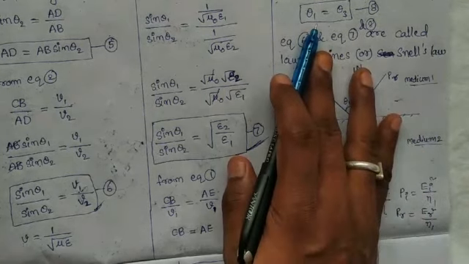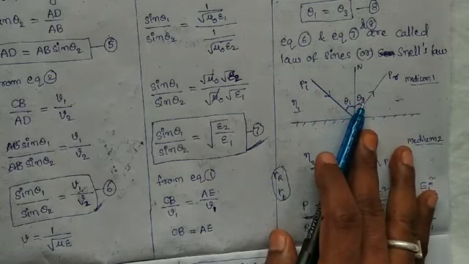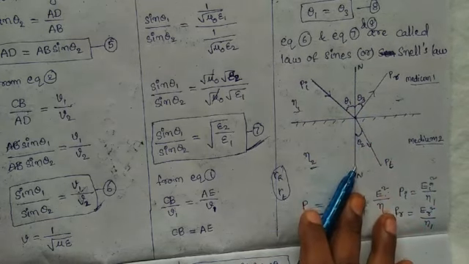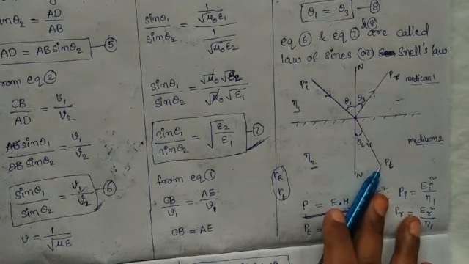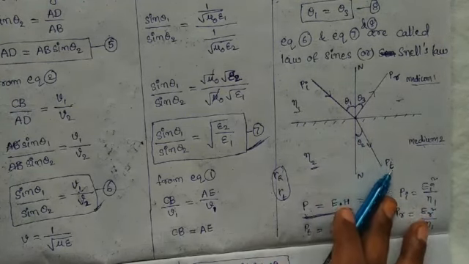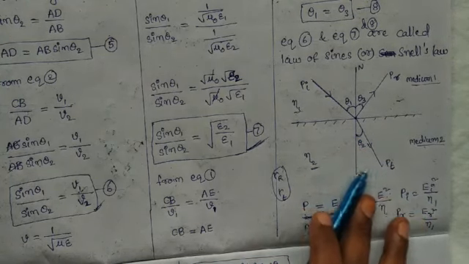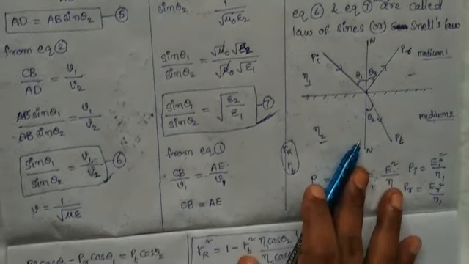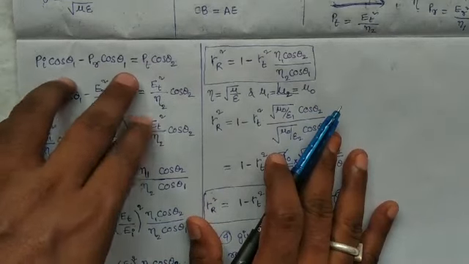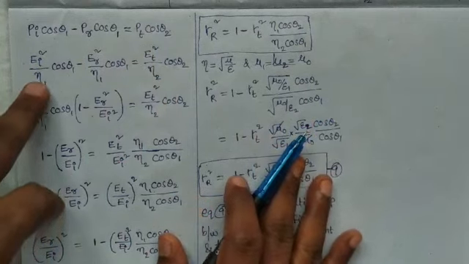From Snell's law, theta 1 is equal to theta 3, so that means PR cos theta 1. Similarly, the component of transmitted power along the normal is PT cos theta 2. So Pi cos theta 1 minus PR cos theta 1 is equal to PT cos theta 2.